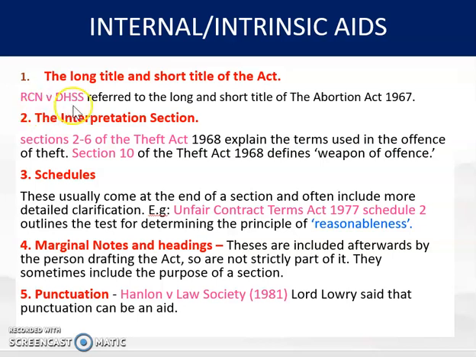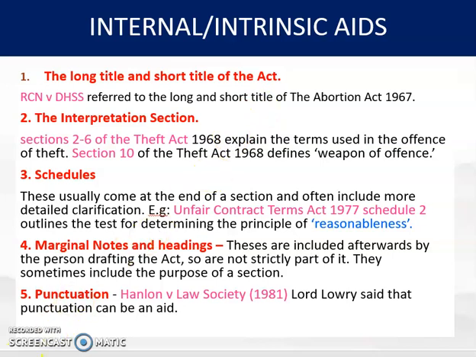In RCN v DHSS, which we looked at when we were looking at the mischief rule, that was the case where the nurses were giving out the abortion pills in hospital. In that particular case, when the judge was interpreting the law, he also referred to the long and the short title of the Abortion Act from 1967.